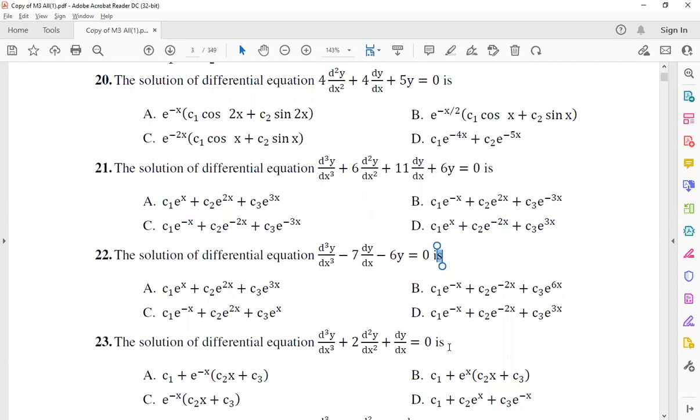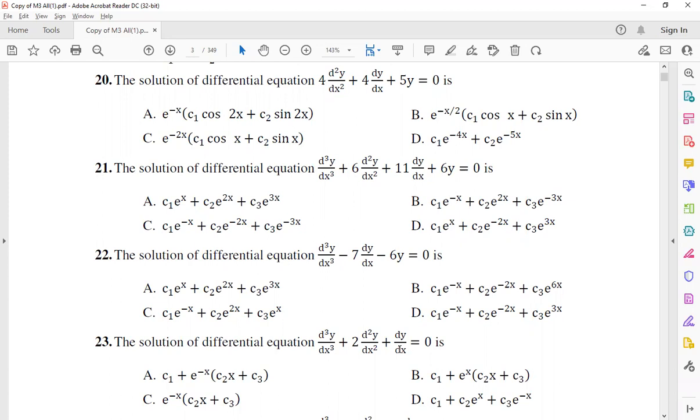Next, 23. A is 1, B is 2, C is 1 and D is 0.